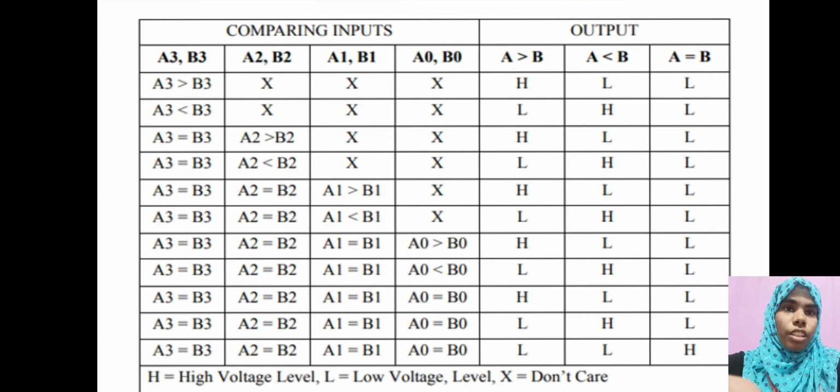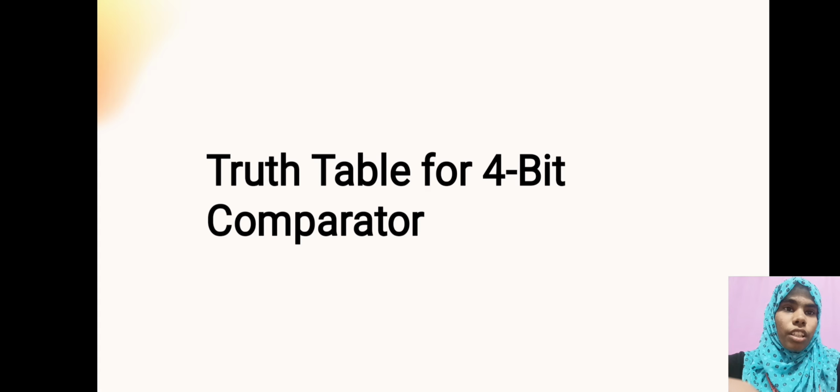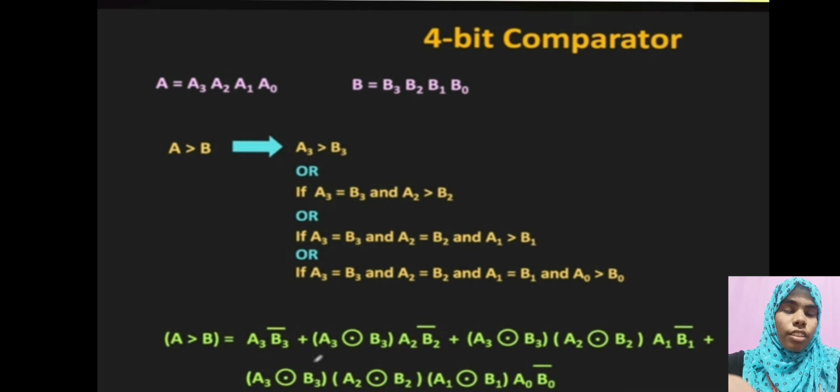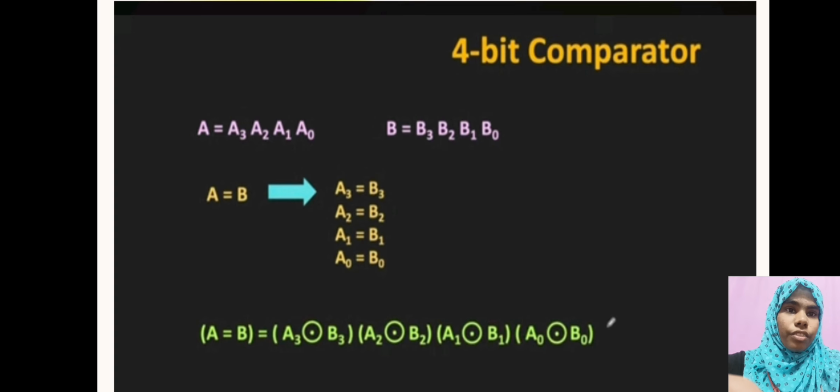With the help of this truth table, we can design the logical expressions. These are the logical expressions we can design from that truth table. Here is the A equals B logical expression.